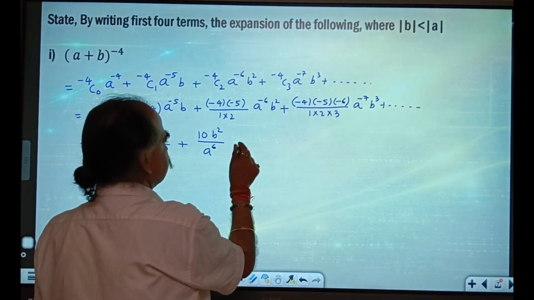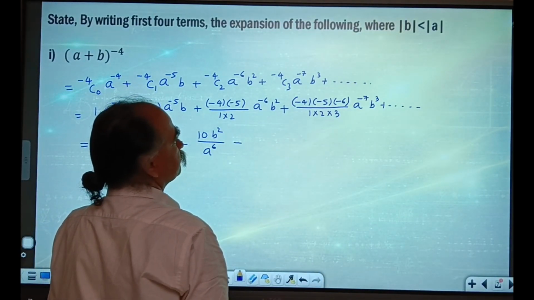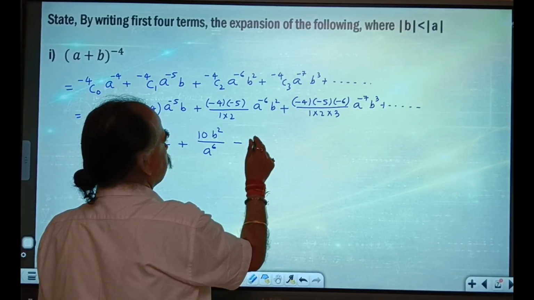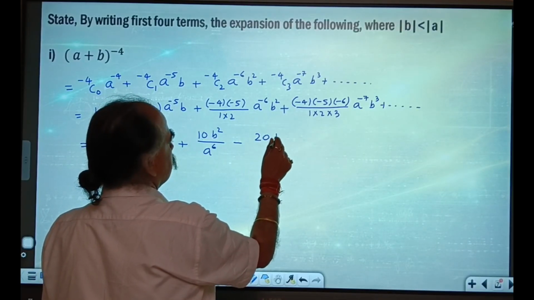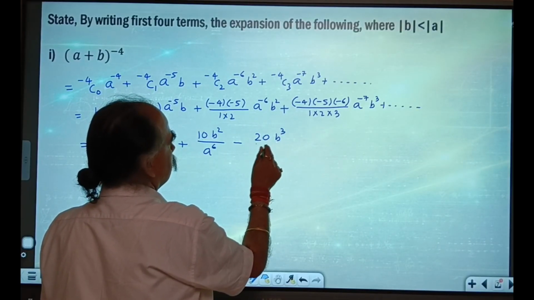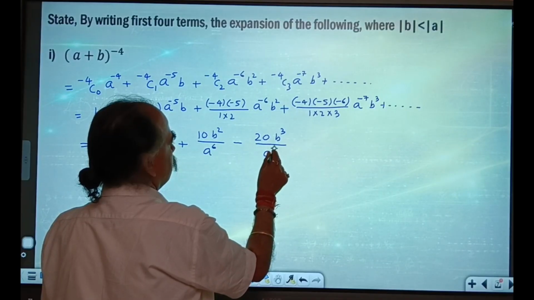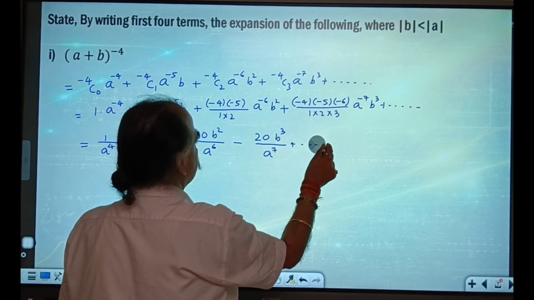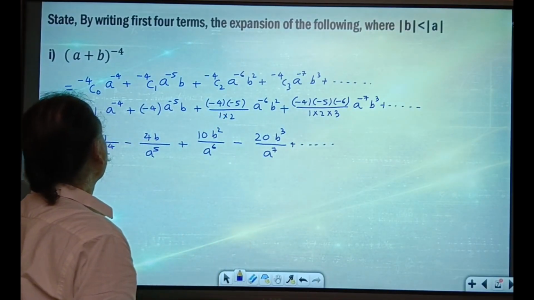Triple minus will give minus 6 will get cancelled, 20 b cube upon a raised to 7, plus 4.